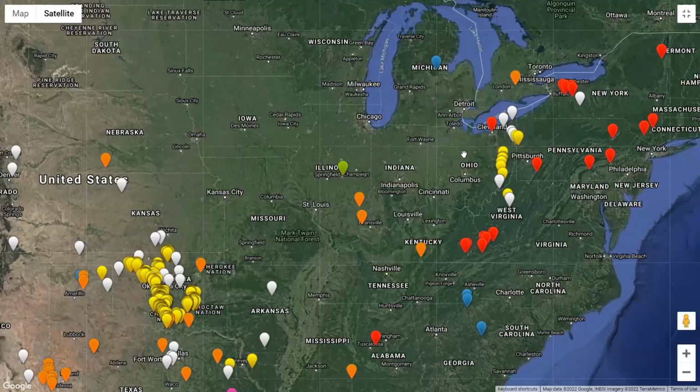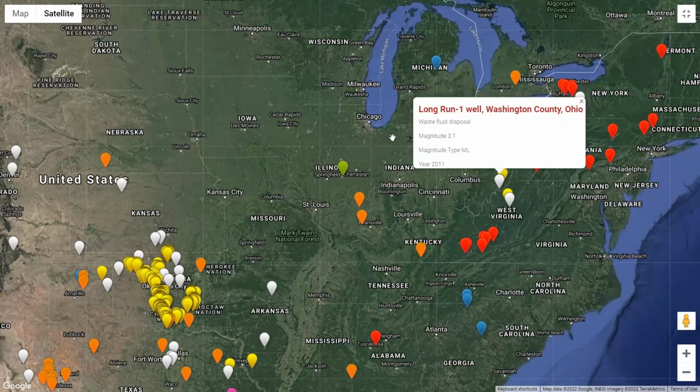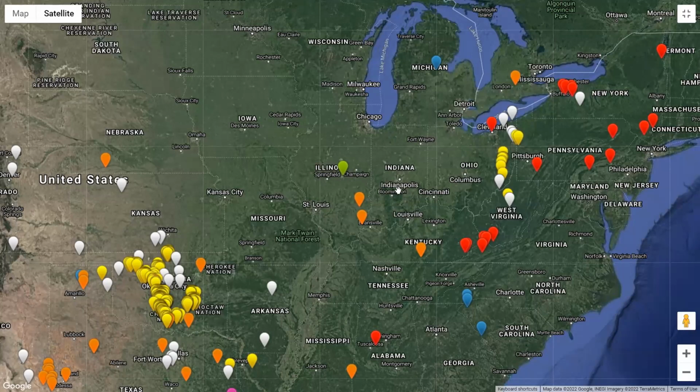What do you think this is? What's this big unit of fossil fuels over here? Does anyone know? You've probably heard of it, but you probably can't think of it at the moment. This is the Marcellus shale gas.